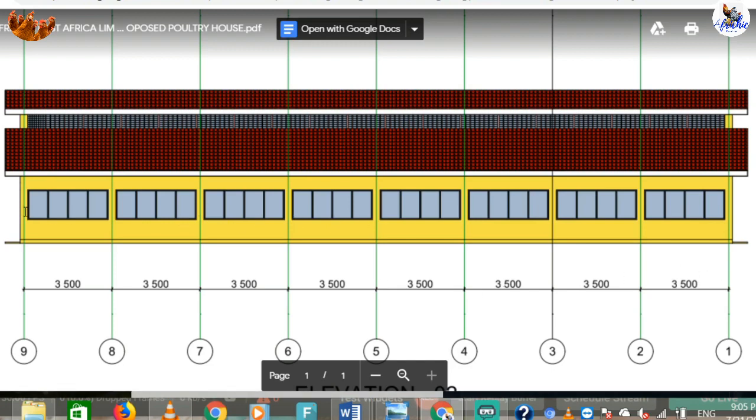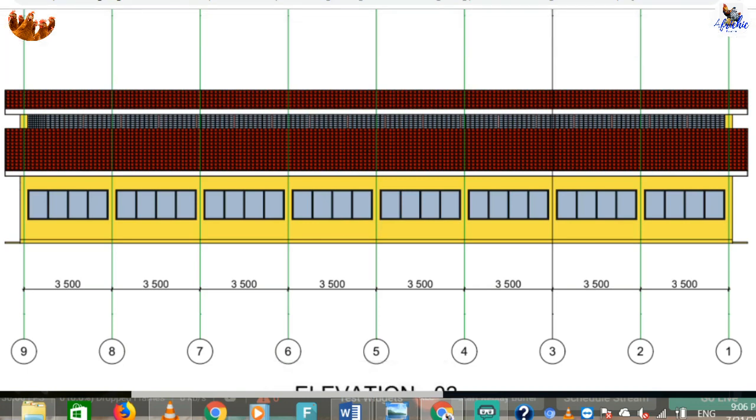So then you can have the windows on both sides of the structure, and then you can introduce curtains also on both sides of the structure. When you're doing brooding, you will drop both curtains, on the left side and on the right side. When the birds keep growing, you can now lift the curtains.